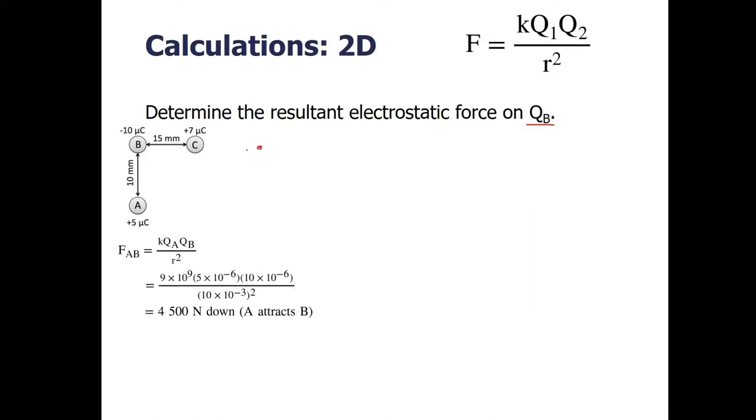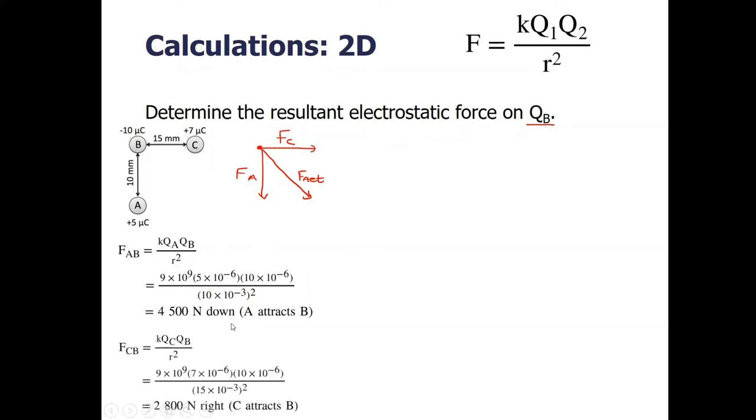B is negative. C is positive, so B is pulled towards C. It experiences a force in that direction. B is negative, A is positive, so it's pulled downwards towards A. So it experiences a force downwards. The resultant force is therefore going to be in that direction. Okay. Your free body diagram will help you. So now you just go and calculate the two.